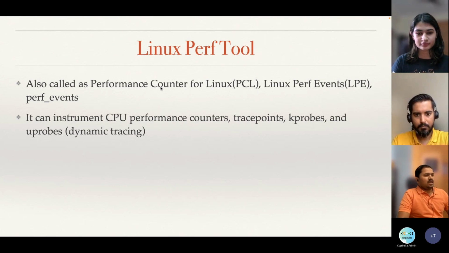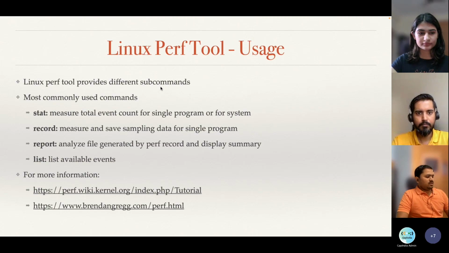Then you can also trace kprobes and uprobes. I haven't used kprobes and uprobes, but basically they are for dynamic tracing of kernel code and user code, whereas tracepoints are a kind of static tracing.